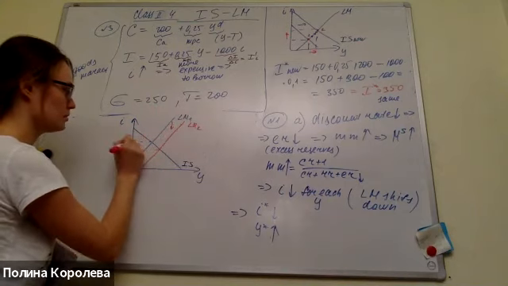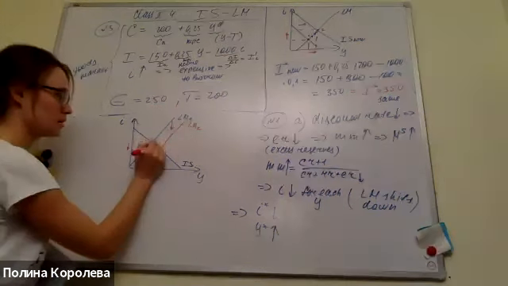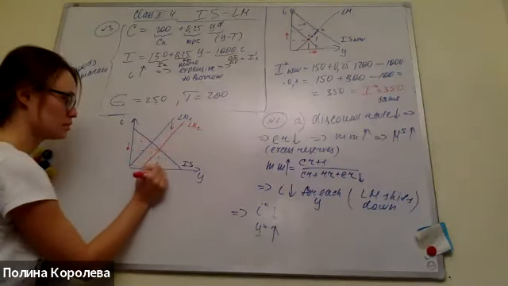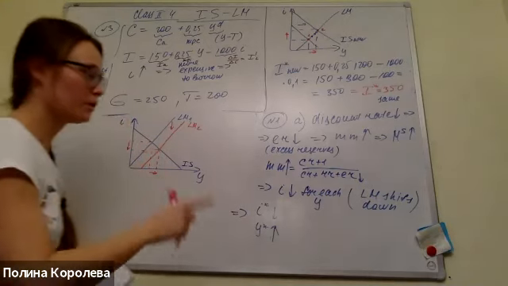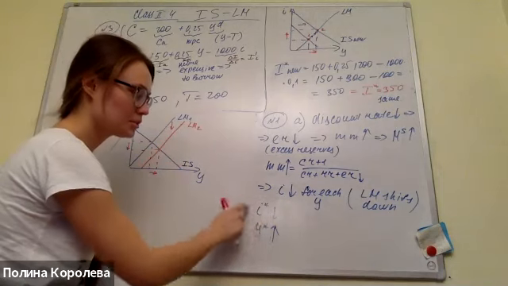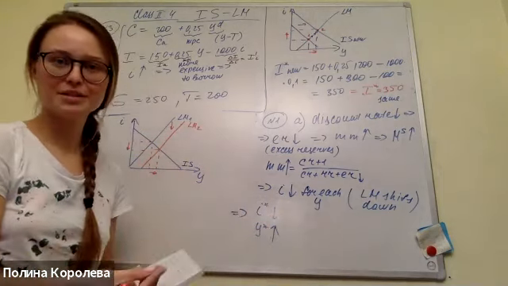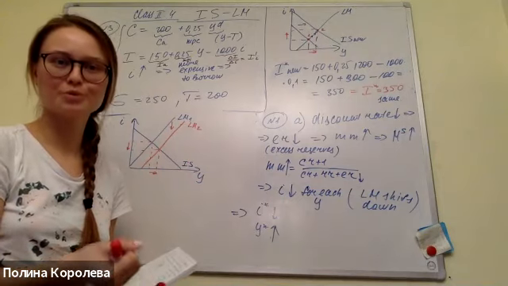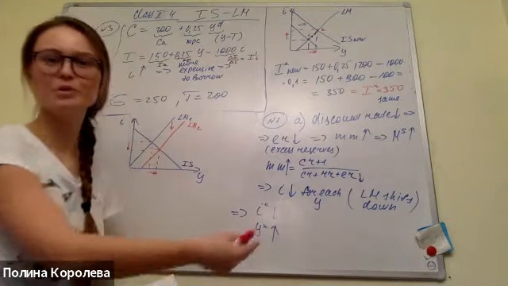And we see that interest rate is lower, that's true, but GDP is higher. You see? Why is it so? Interest rates are lower, that means less expensive credits, it's cheaper to borrow. That means investments will go up and GDP will go up.